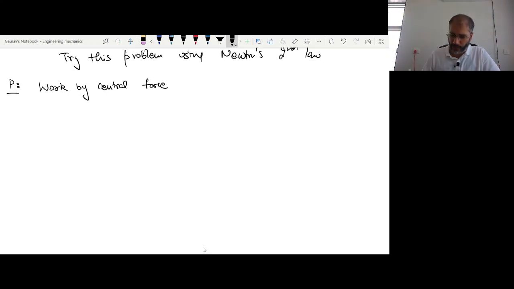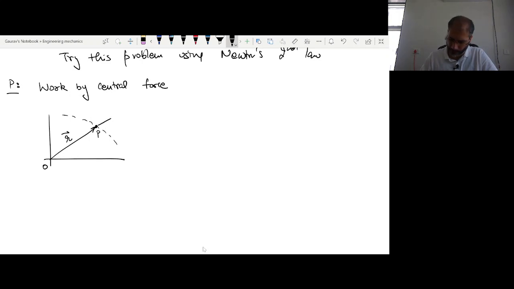So first let us define a central force. Let's say a particle is moving in a path which is denoted by this dashed line, and at some time it is at a position P, with a position vector r. So a central force is a force that acts along r hat always.